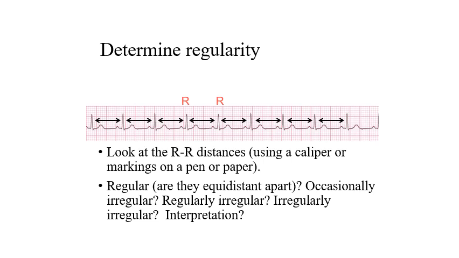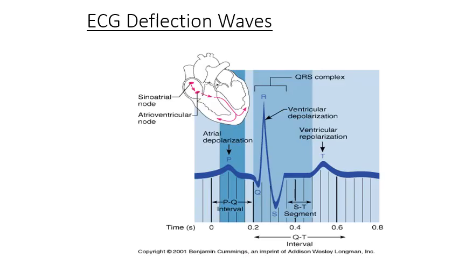If they are regular and equally apart, then this is a regular rhythm of the heart. If the intervals are not equal, then this is irregular, and even irregular can be regularly irregular or irregularly irregular. So this is how we can determine the regularity of the rhythm, to know what diseases could happen in the rhythm of the heart.